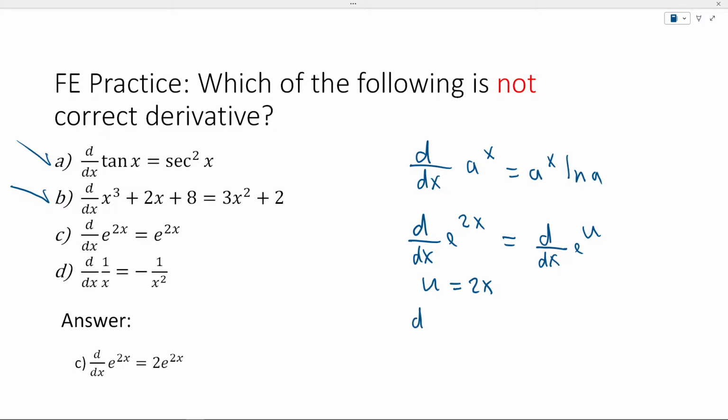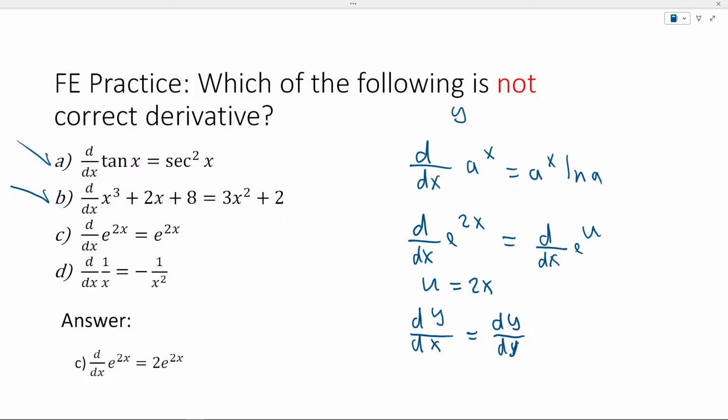Remember, I'm asking you here what is dy with respect to dx, and that would be equal to dy with respect to du, because that's my function here. Let me write it step by step.